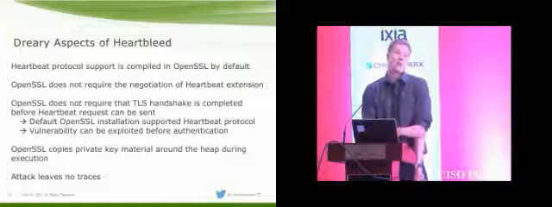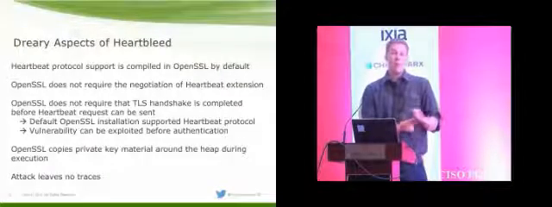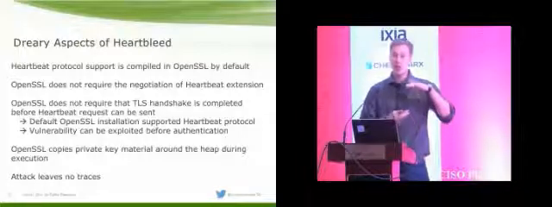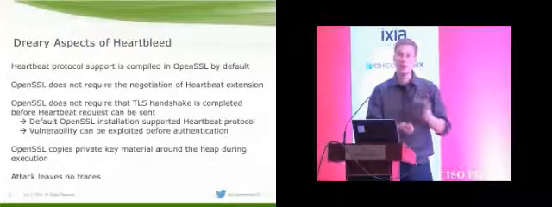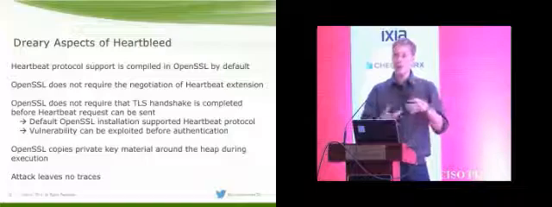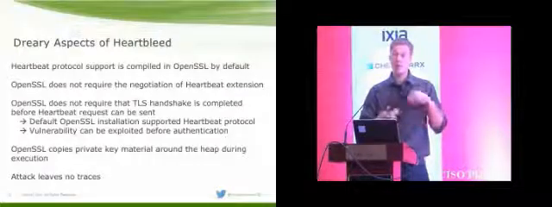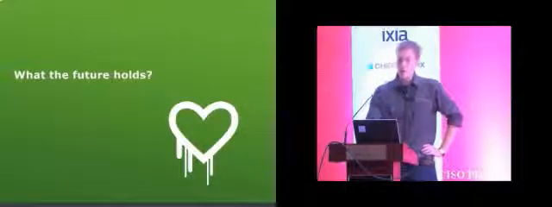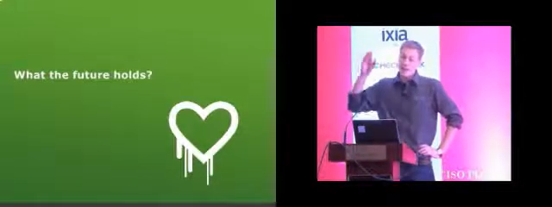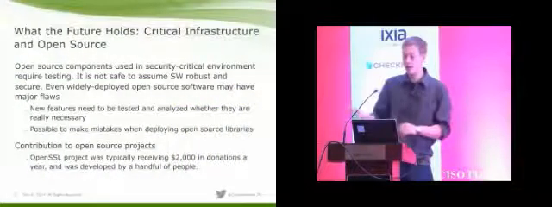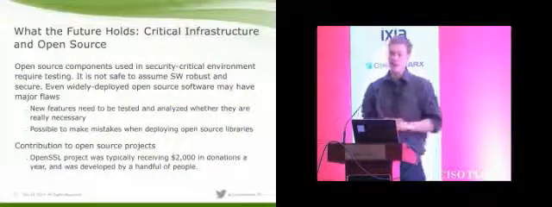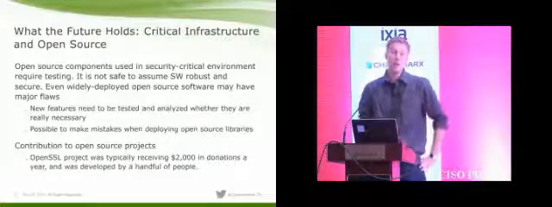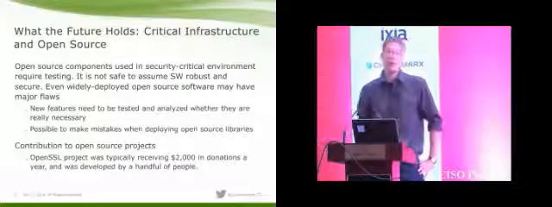So this means that you could send the heartbeat request during the TLS handshake. You didn't need to exchange the session keys and authenticate your client or server before exploiting Heartbleed. So it meant that a default OpenSSL installation was supporting the heartbeat protocol, and it could be exploited during the TLS handshake.